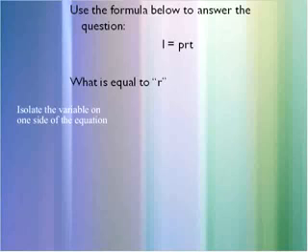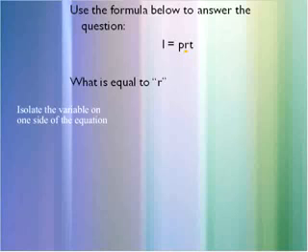So what you want to ask yourself is, when looking at just the r, what are the other variables doing around r, the p and the t? What operation is being performed there? Well, if you look at it, the variables are written right next to each other, so that indicates to us multiplication. So the p is multiplying the r, and the t is multiplying the r.